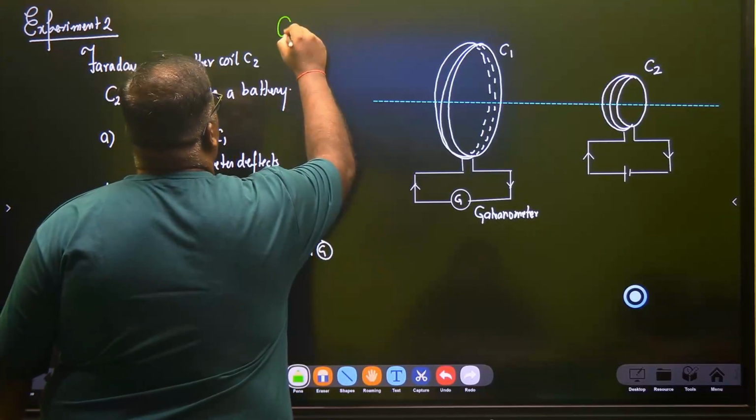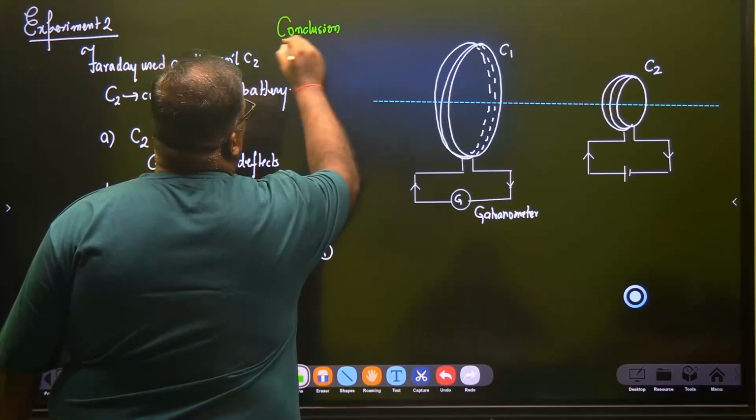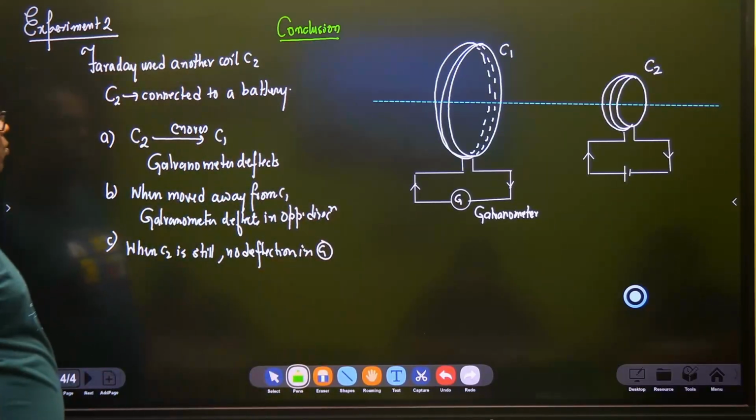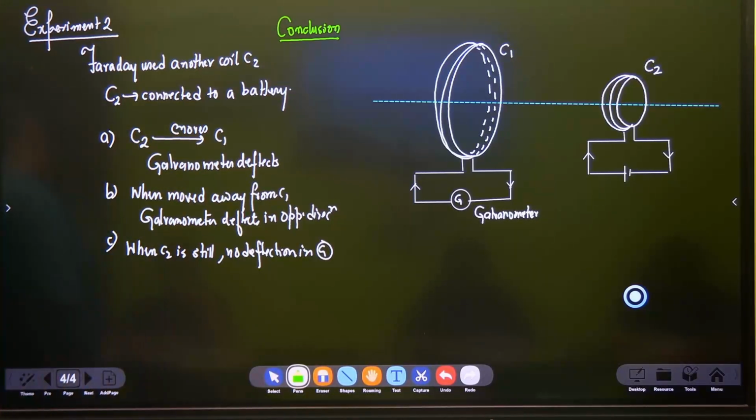So time for us to again make a conclusion. If you want, you can write down that when you're moving C2 towards C1, induced current is set up.